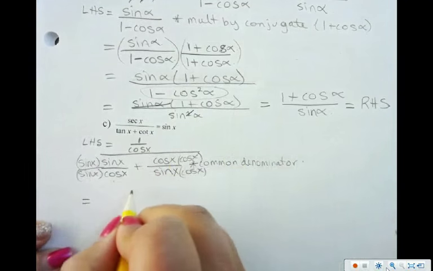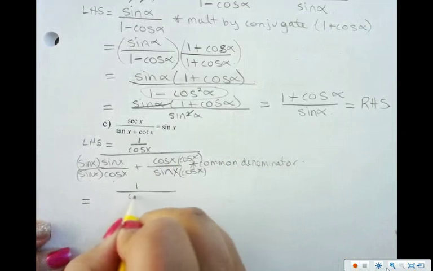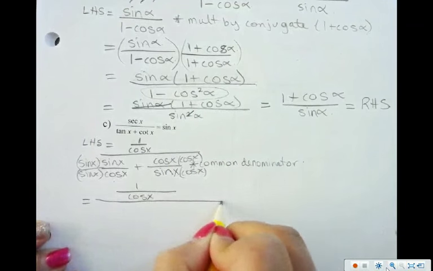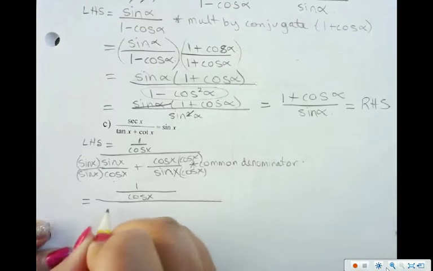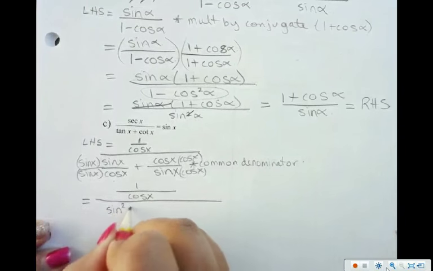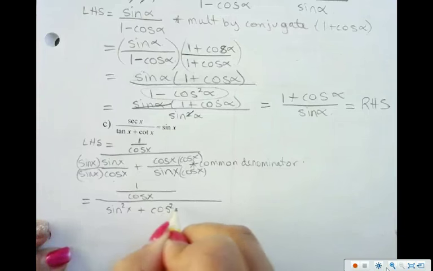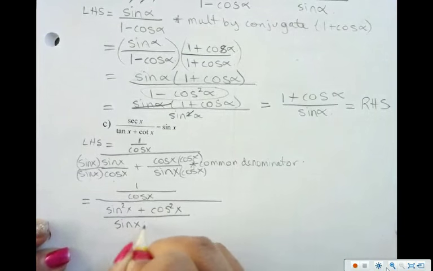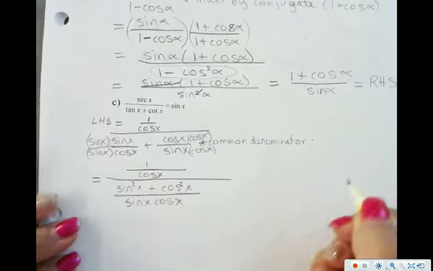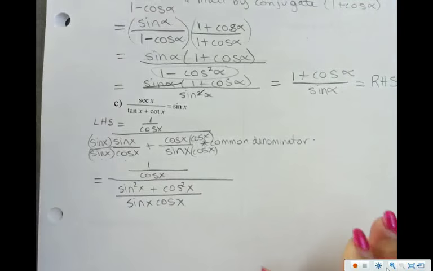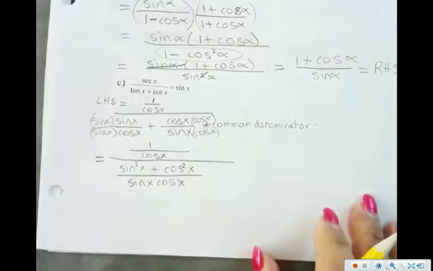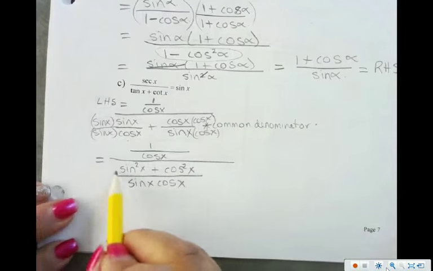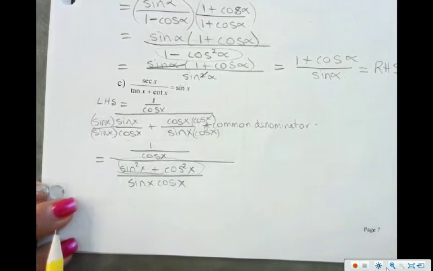Okay, so far I've got 1 over cos x all over sine squared x plus cos squared x over sine x cos x. All right, now, do I notice an identity somewhere? Right here?